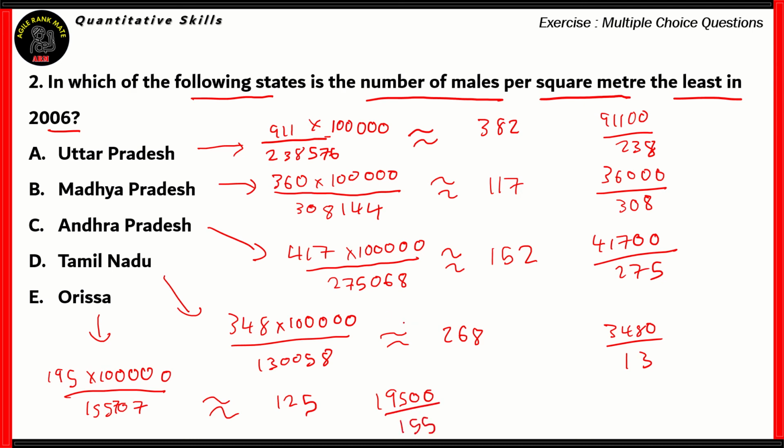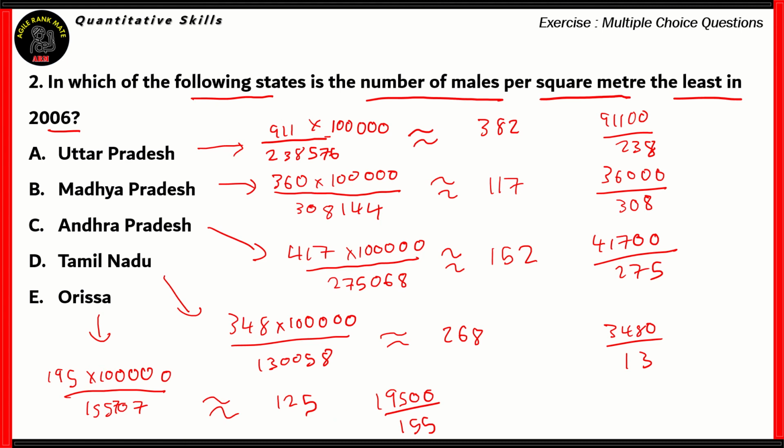So there are a lot of zeros and decimal places that you can avoid. We're looking at an approximate number here. So as you can see, Uttar Pradesh is 382, Madhya Pradesh is 117, Andhra Pradesh is 152 males, Tamil Nadu is 268 males, and Orissa is 125 males.